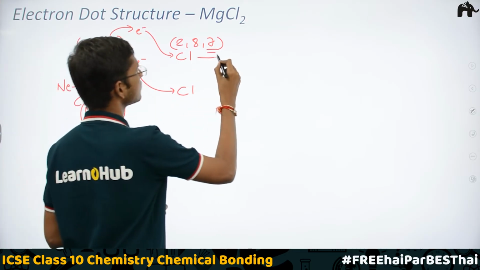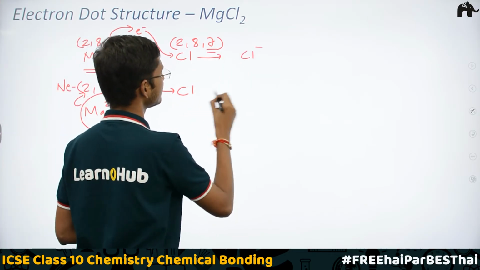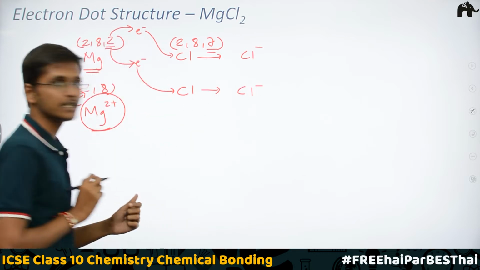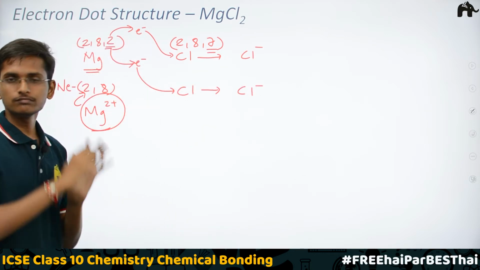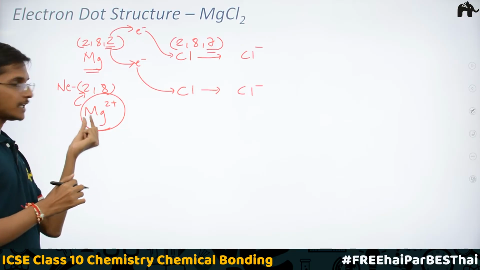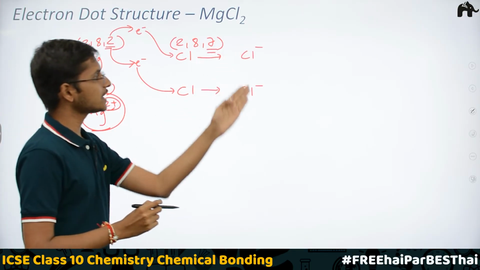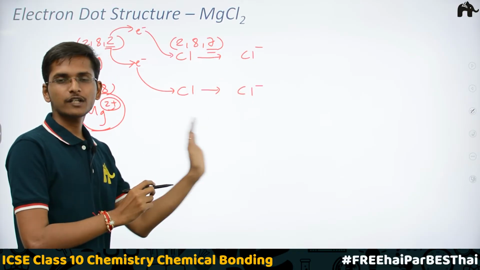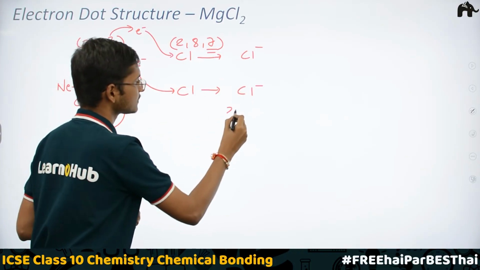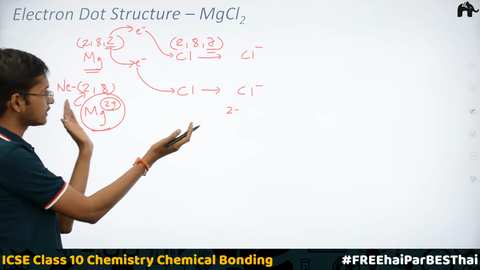After gaining the electron, it would become Cl minus. Here also it would become Cl minus. So we have 2 Cl minus ions and 1 Mg2 plus ion. See the charges: 2 plus, and the total charge is minus 1 minus 1, so it's minus 2. So 2 minus, right? It's getting balanced.